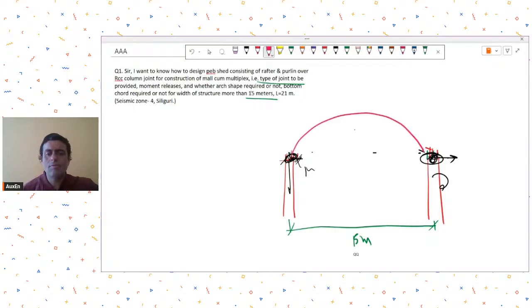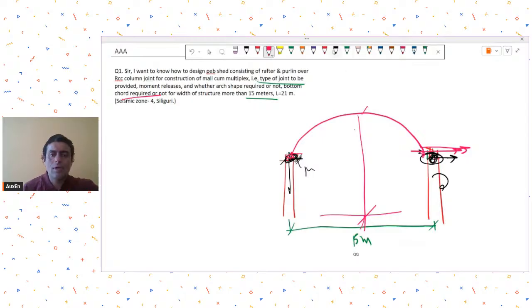Sometimes people go for a pin roller, but a pin roller will mean that this arch will have a lot of lateral deflections. So if you are going with a pin roller, maybe you will have to think about a tie. Okay, bottom chord. So it is better to go with a pin, and better to avoid the tie, because tie was the third part of your question, the bottom chord. If you are providing an arch, basically you will provide it for the greater clear height.